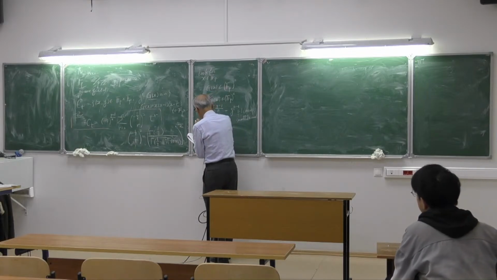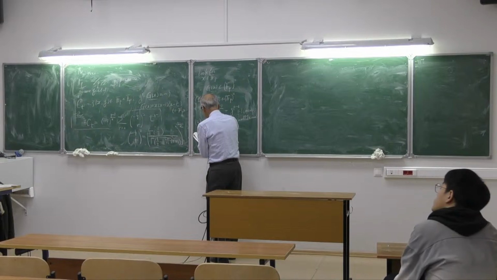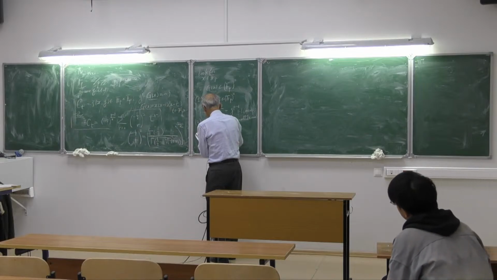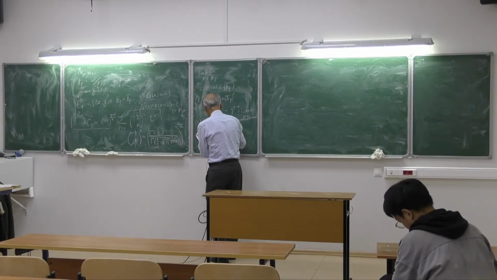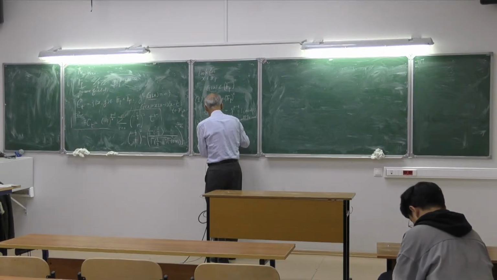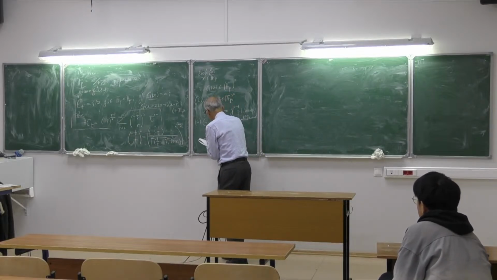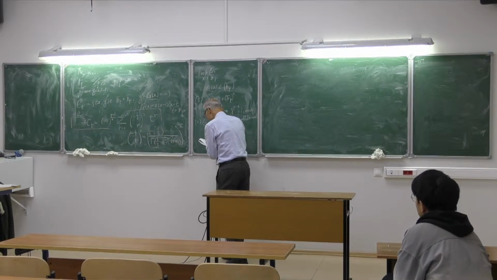So the second case is the case when Gx is in Fp but not a square number. So what happens for this case, Gx to the power (p minus 1) over 2?